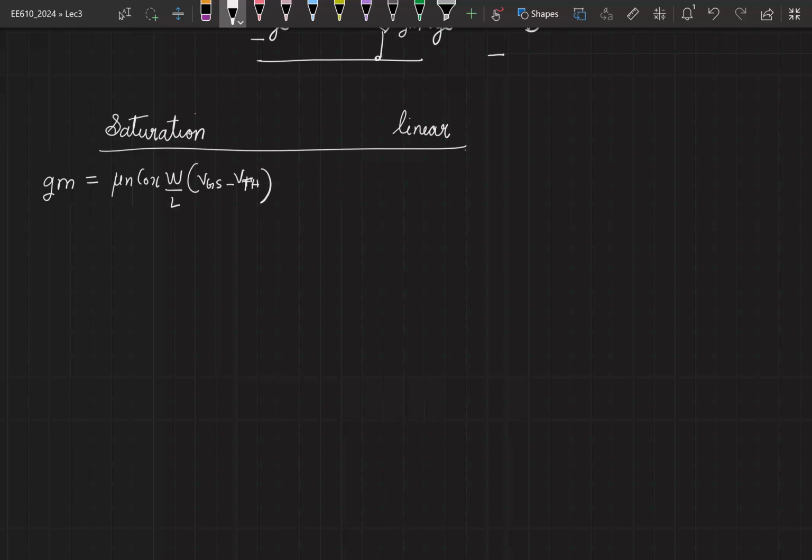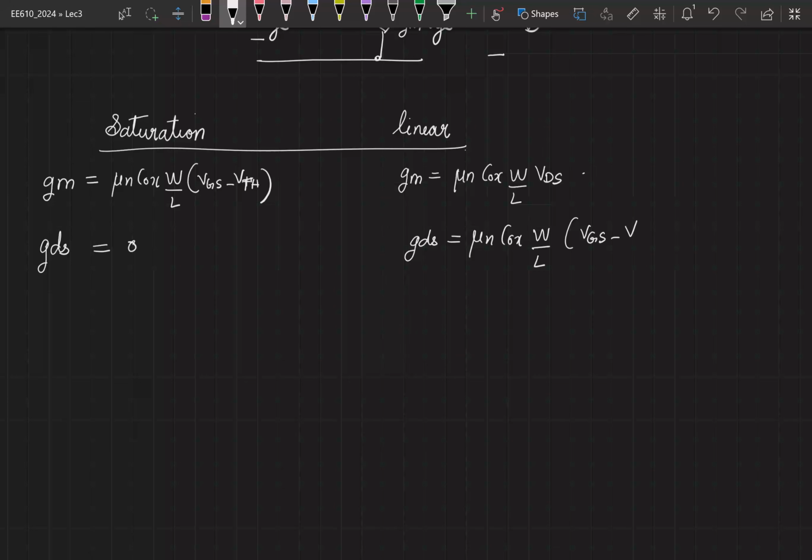And in the linear region, this is equal to mu n COX W by L into VDS. Okay. Expression for GDS. This is 0 here. And here the GDS is mu n COX W by L into VGS minus VTH minus VDS.